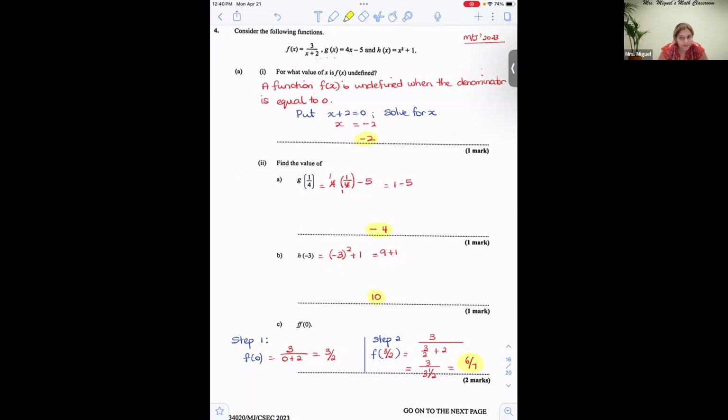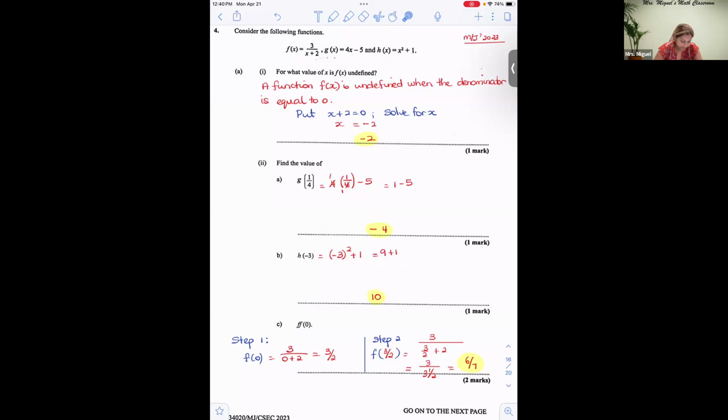Two things I want you to remember. For undefined, if the denominator is 0, if you take your calculator and you divide 3 by 0, you will get an error. So that is what we mean by undefined. It means that the function cannot exist at that value. Another thing is, for this composite function, you will not be required to find f of x.